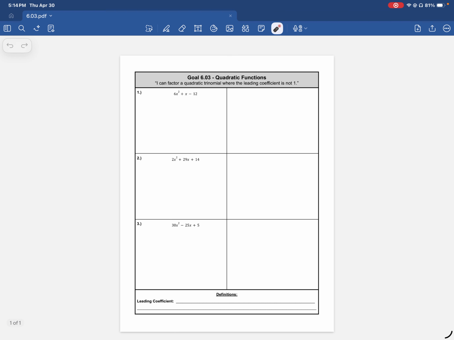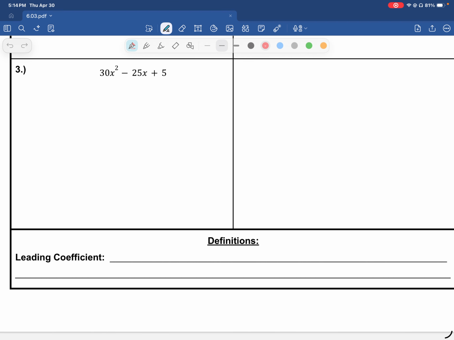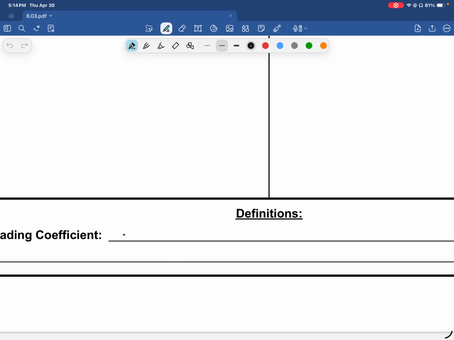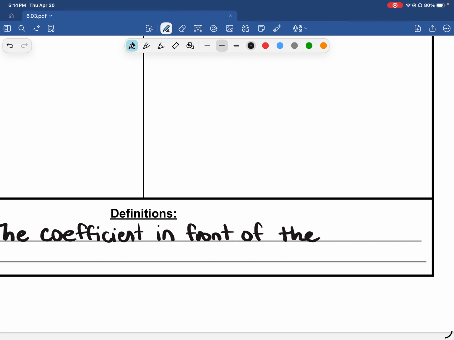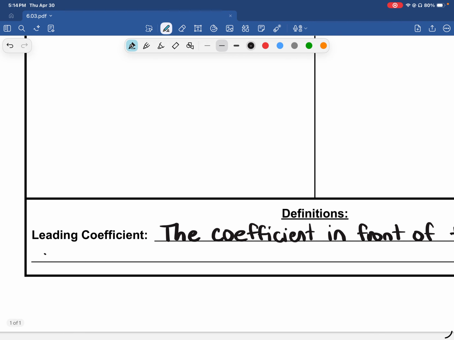Okay. Number 3. Factoring where the leading coefficient is something other than 1. The leading coefficient is just the coefficient in front of the highest degree term in a polynomial.